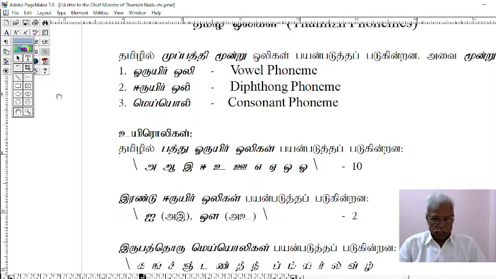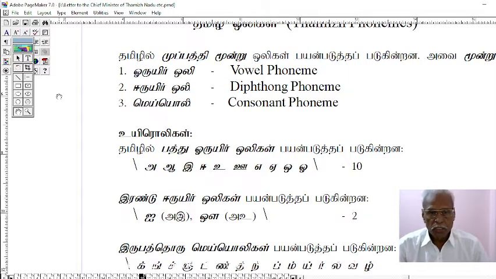Dear teachers and students, 33 phonemes are used in Tamil. These phonemes fall into three categories known as single vowels, double vowels and consonant phonemes.